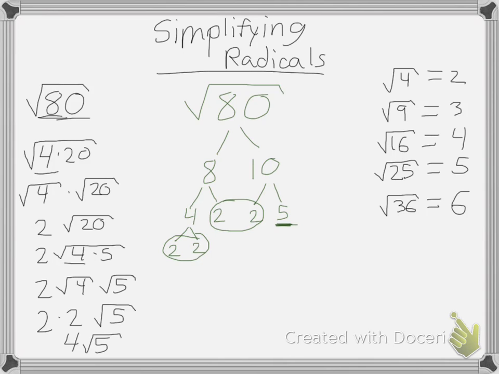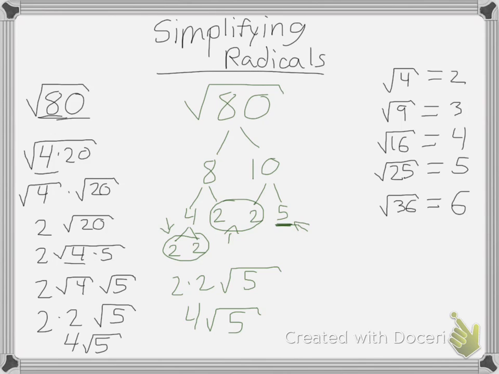So that means I'm going to have 2 from this pair times 2 from this pair. And then I have the radical sign, and then whatever was left over, which was namely the 5. So we have 4 square root of 5.